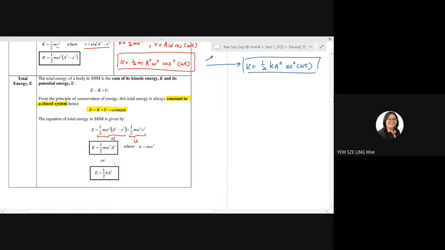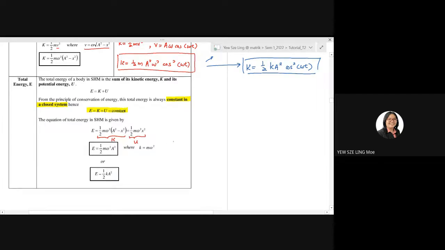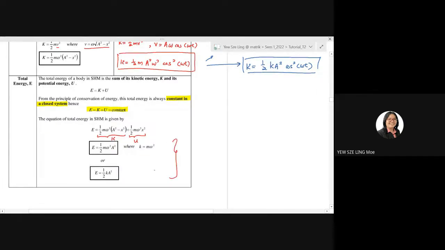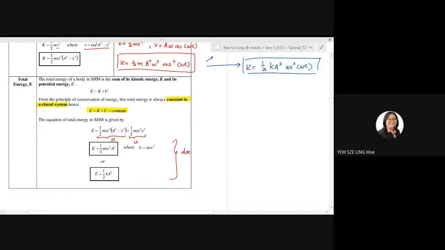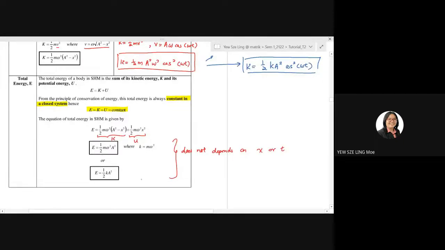Now, based on these two equations, what can you say about the total energy? Well, the total energy does not depend on x or t. Therefore, you cannot find x and t in the equations.